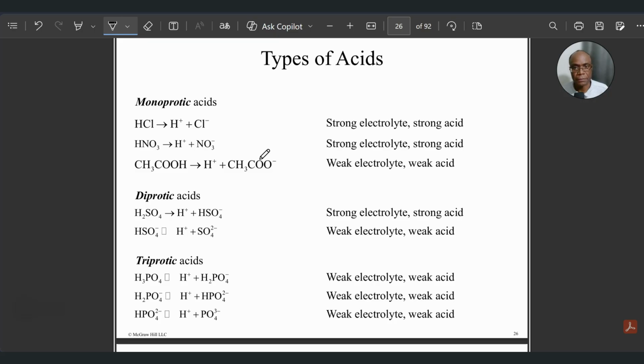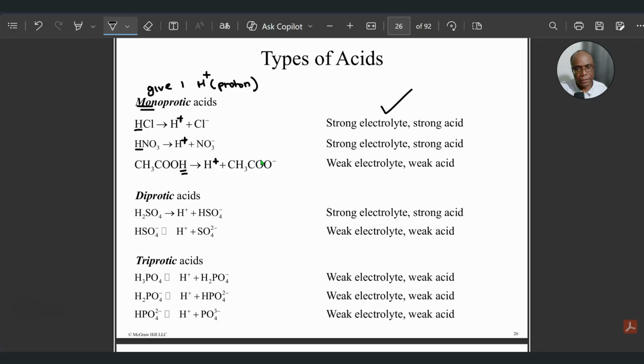This table shows you some types of acids. Those that give one hydrogen are called monoprotic. They give or donate one hydrogen, or one H plus, or one proton. Those are monoprotic. Those are the acidic hydrogens to be given out. You see, only one H plus on the right side.